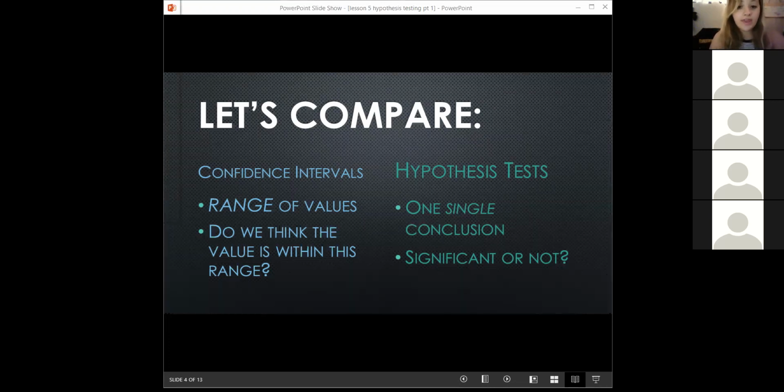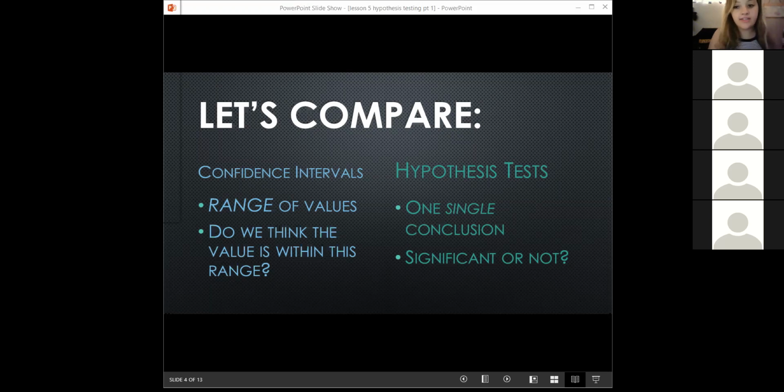Our conclusion is whether we think the population parameter we are looking for is within this range. We had a confidence level, so our final interpretation is: we are 95% confident that the population mean or proportion is between these two values. We are looking at the entire range from the lower bound to the upper bound, and saying we are this percent confident that our population parameter is within it.